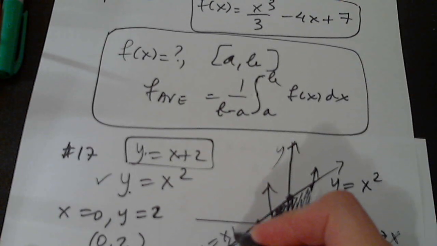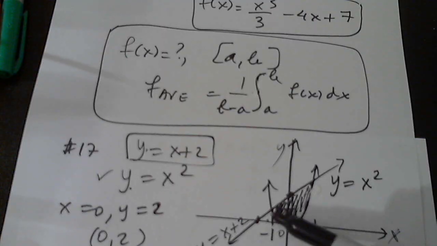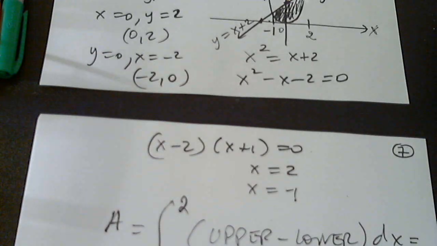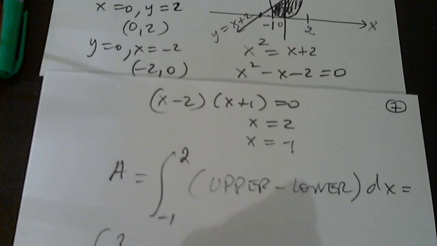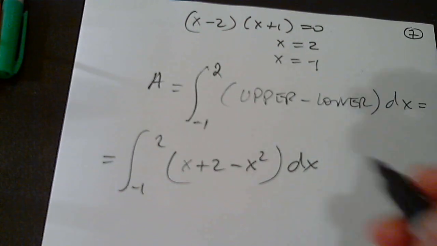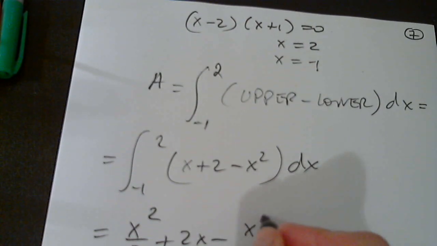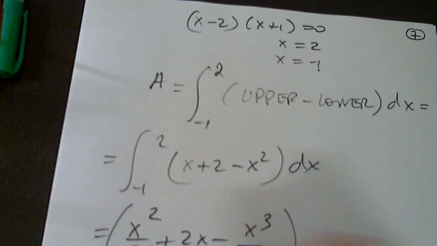So y equals x plus 2, because it's easier to identify. So it's x plus 2 minus x squared. So this is x squared over 2 plus 2x minus x cubed over 3 from negative 1 to 2.